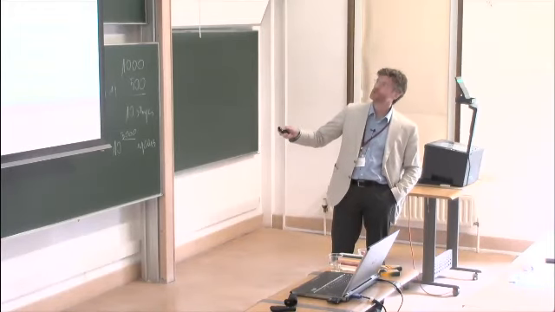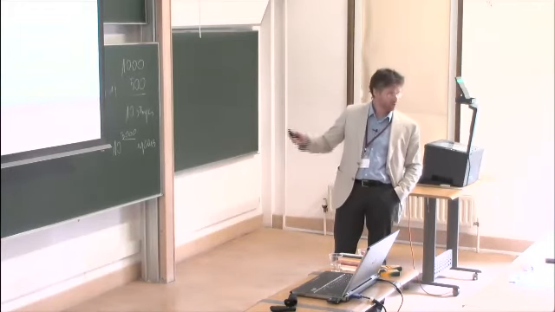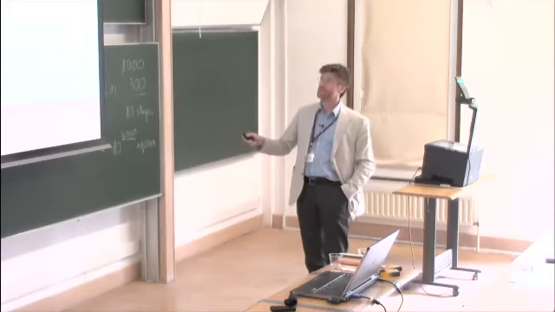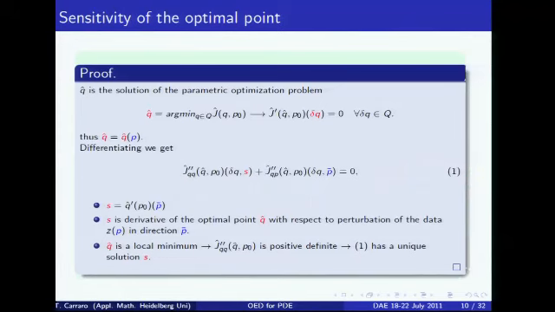q hat is the solution of the parameter optimization problem, so it is the argmin of the reduced functional. We have the first order optimality condition, the derivative in direction delta q. This first order condition defines, in an implicit way, an implicit function: the optimal point depends on the perturbation of the data.